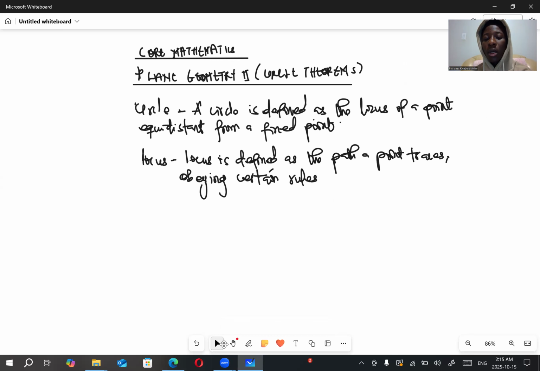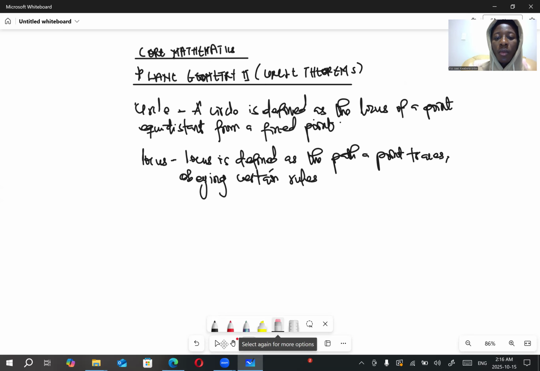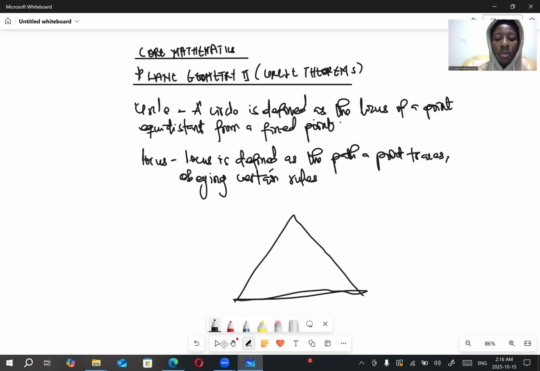When we talk about locus, locus is a path a point traces. If you remember geometric construction very well, you have 3 points that form a triangle.